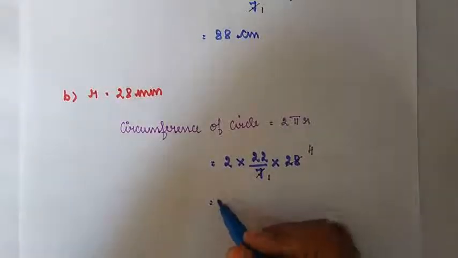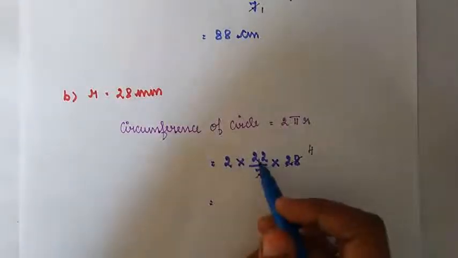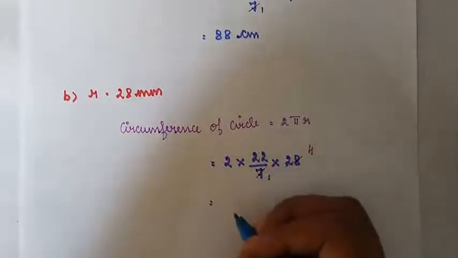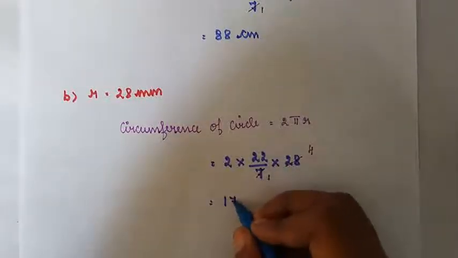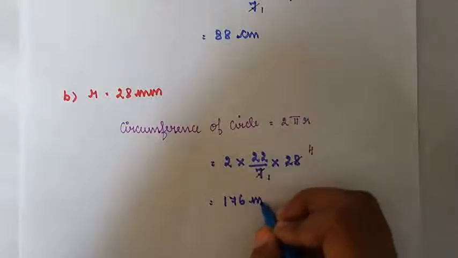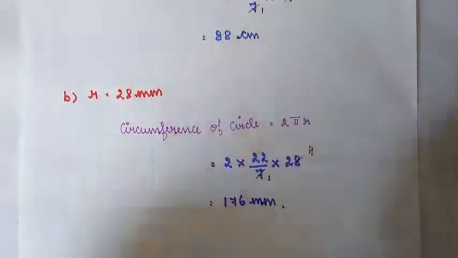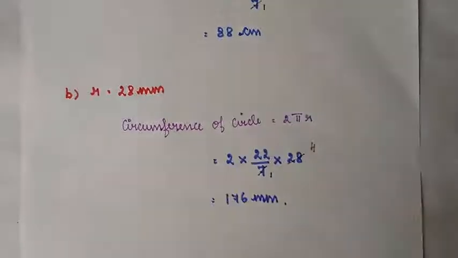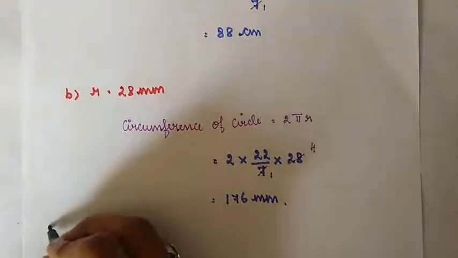Then we have to multiply. 2 22s are 44, 44 4s are 176. So 176 millimeter. So therefore circumference of circle is 176 millimeter.